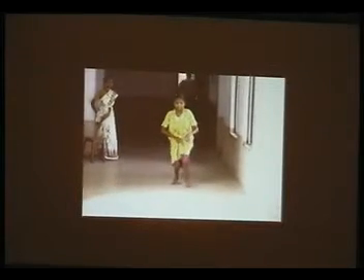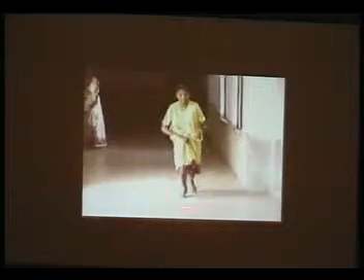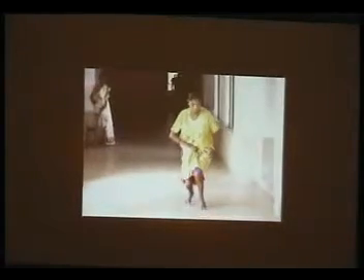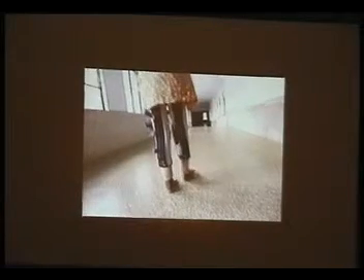This is a patient with bilateral flexion deformity. So much flexion deformity that she is not able to touch her heel to the ground. Because of her flexion deformity she gets tired whenever she walks a short distance. Very painful, not able to do her job. She underwent total knee replacement on both sides as a staged procedure.